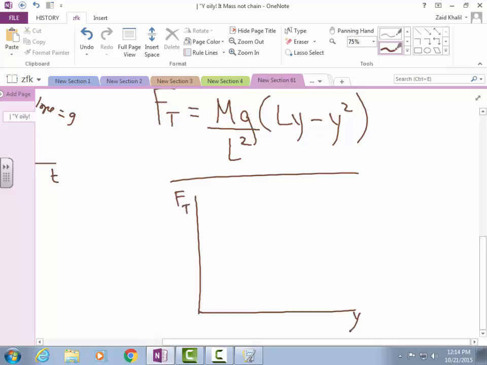Is it concave up or concave down? Down. How do you know this? Because the coefficient in front of the squared term is negative. So it's 0 here, and it's 0 at L. So therefore, what is that going to look like?